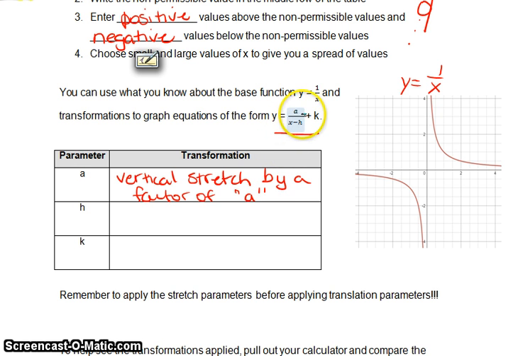Remember what happens when a is negative: you'll have a flip, or a reflection. And then h and k are just translations. h is a horizontal translation. Remember, horizontal will be either left or right, so the horizontal translation by h units.